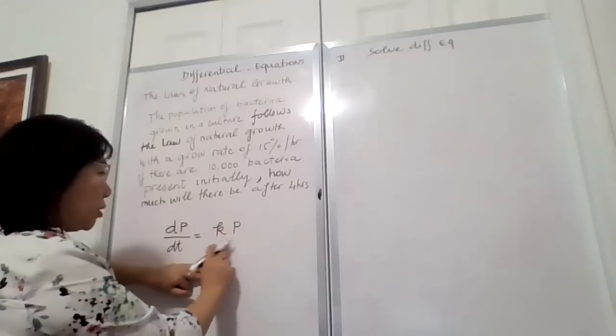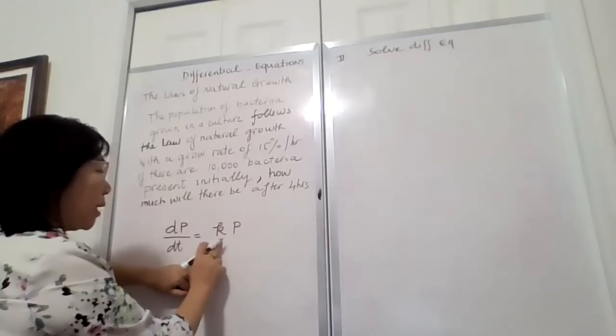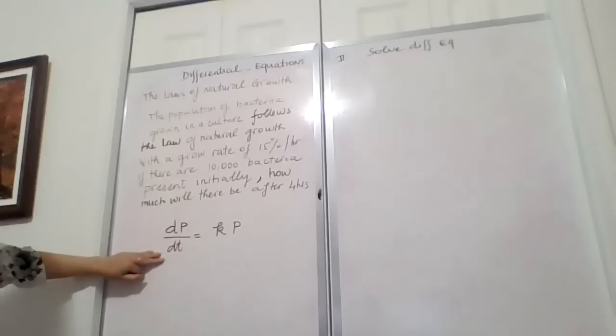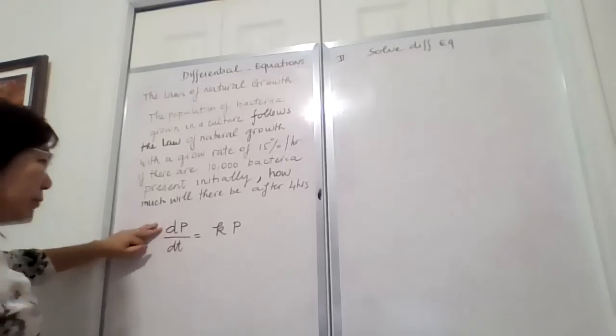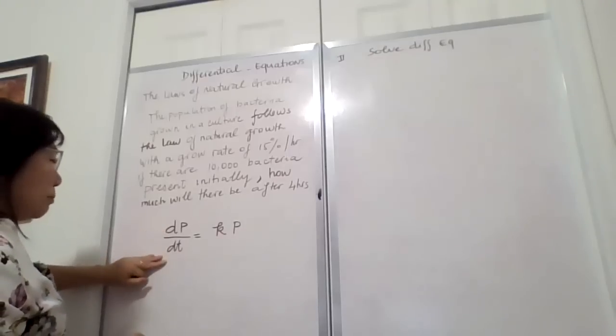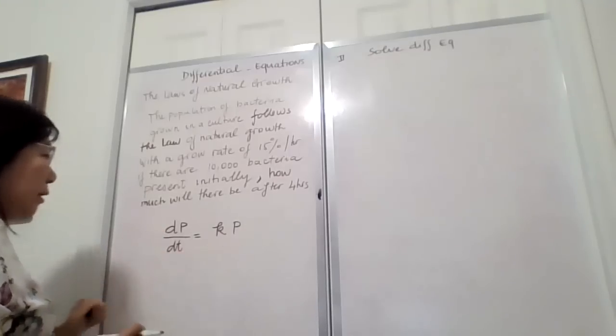Of course, the population P will multiply with k when we take the derivative of dP over dt with respect to time, right? dP over dt, the derivative of population with respect to time, equals kP.